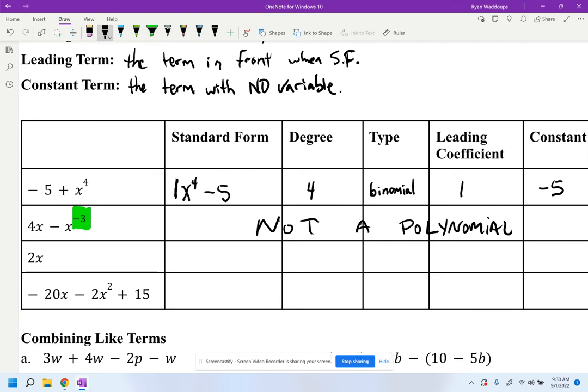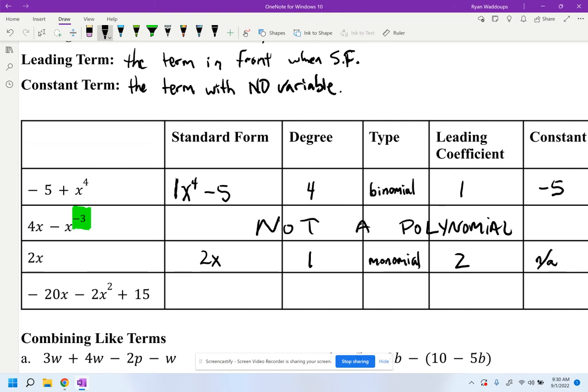And then I've got 2x. It's already in standard form. There's just one term, 2x. Degree is degree 1 because, again, the invisible 1 that's written as the exponent there. Type, it is a monomial. And the leading coefficient, 2. The constant does not apply. There's no constant.